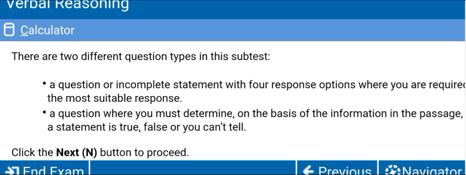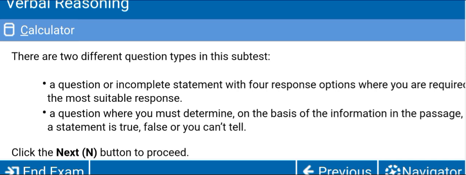So it means 2 types of questions will be included in this section. Some of the questions are incomplete statements or plain questions. Then you have to decide on a correct option from the 4 options that are given below. Or if there is an incomplete statement, the remaining part of that statement will be given in the form of options, and you have to choose the correct one that will complete the statement given in the form of a question.